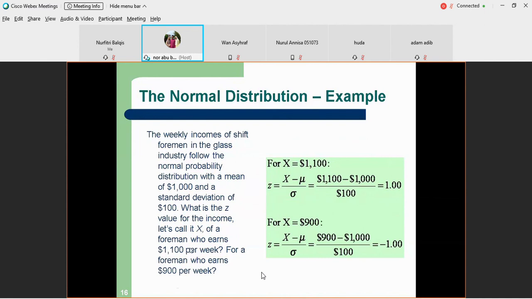Z for X of 1100 is 1. And if you replace X with $900, Z becomes negative 1.